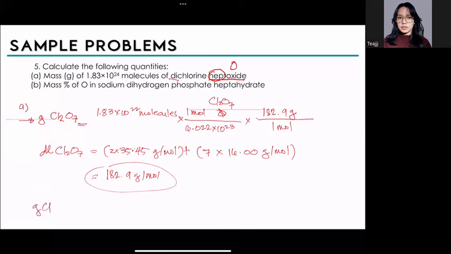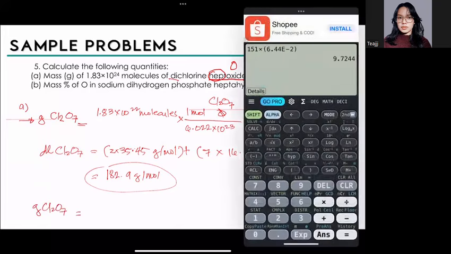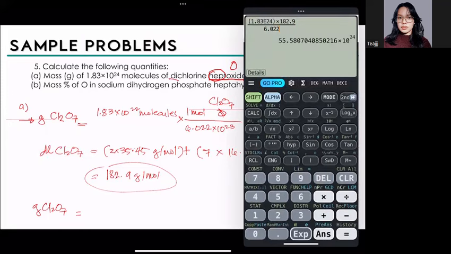So your grams Cl2O7 would be 1.83 times 10 to the 22 molecules times 182.9 all over 6.022 times 10 to the 23.